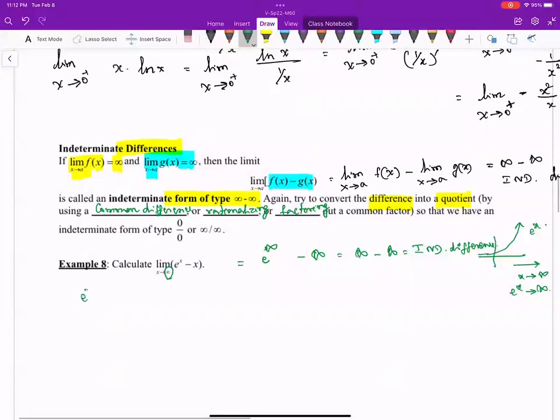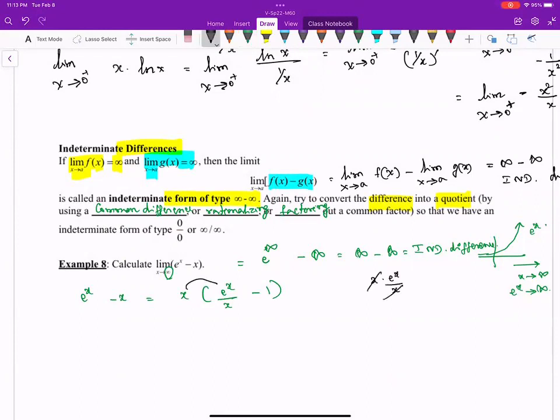So the trick that we do is a bit of algebra. So take e to the x minus x. You can either pull out e to the x or x. I'm going to write this as x times (e to the x over x minus 1). Is it right? You can distribute and check. So what is x times e to the x over x?